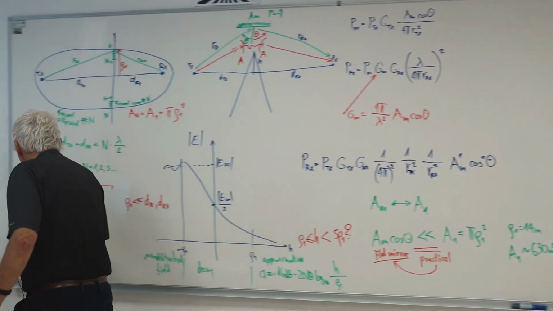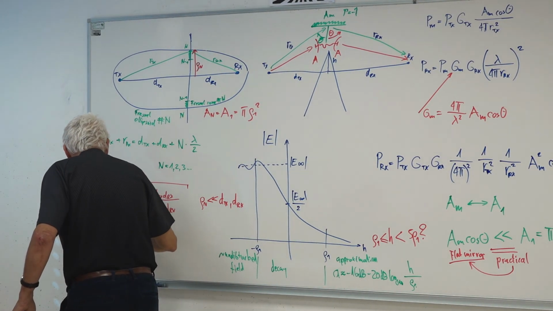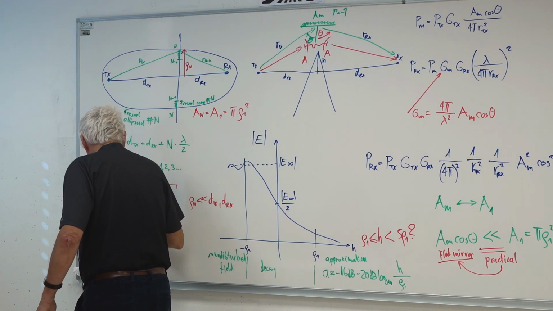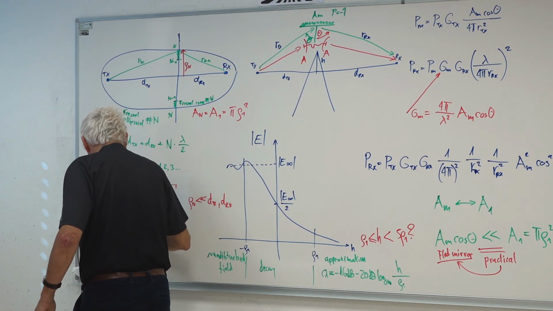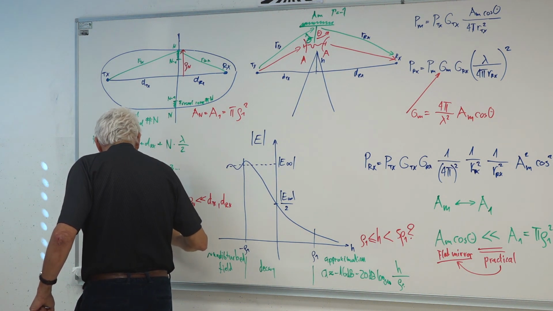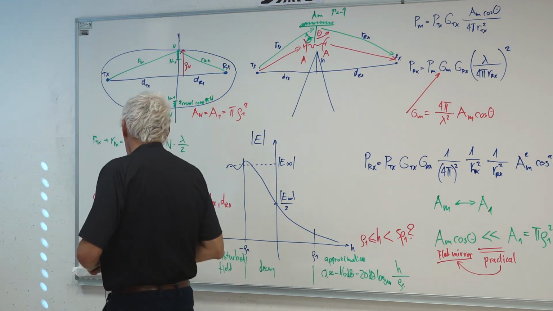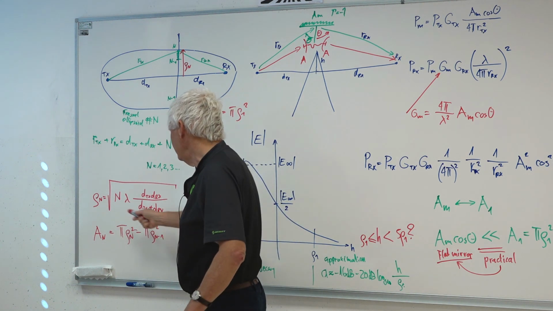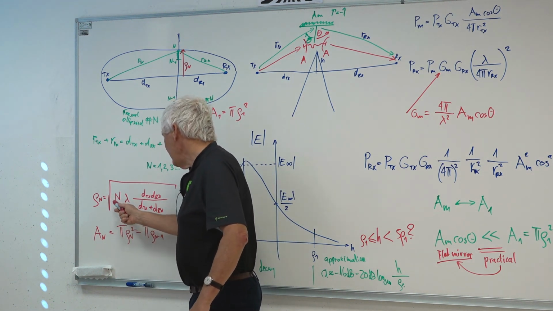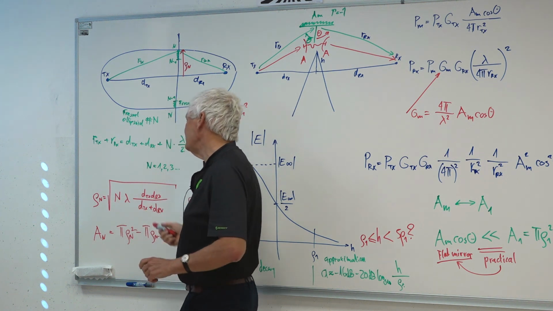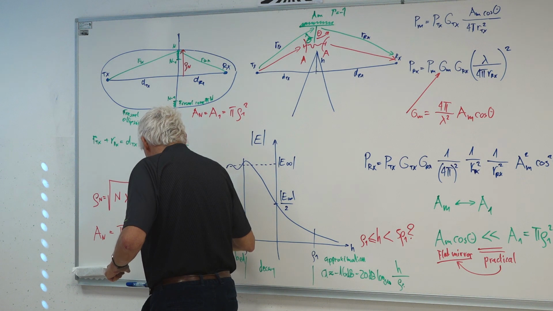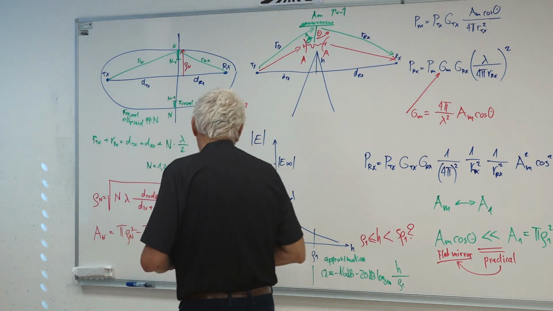Maybe we didn't do this last time. It is the area of the ring: pi rho n squared minus pi rho n minus 1 squared. If you work this expression out, you see that it is just equal to pi rho1 squared. All Fresnel zones have the same area.